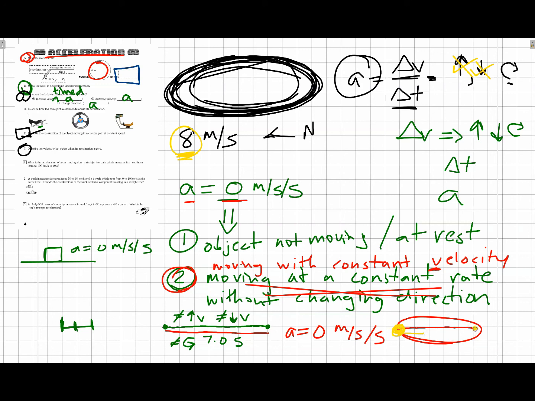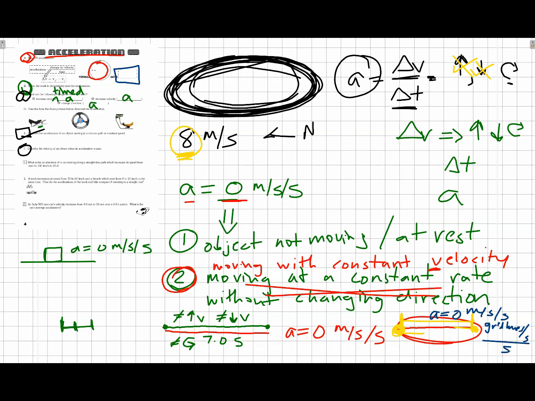And the ending, where I was moving and I stopped, there's acceleration. But for this interval in between, there was no acceleration. Really, I should say grid lines per second for each of those 5 seconds.